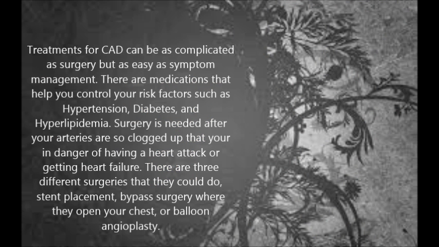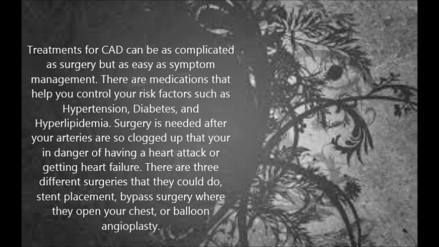Treatments for coronary artery disease can be as complicated as surgery, but also as easy as symptom management. There are medications that can help you control your risk factors such as hypertension, diabetes, and hyperlipidemia. You can take those medications and get those under control. That can take care of it most of the time.